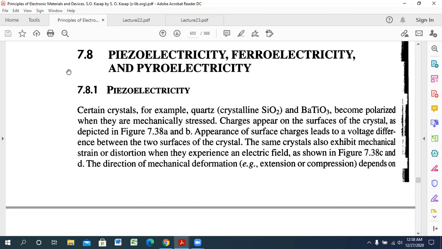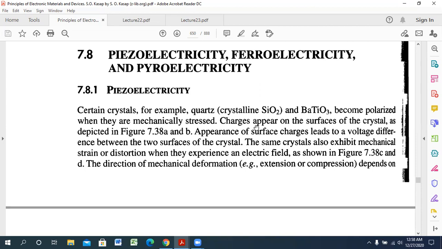Okay. So look, certain crystals. There are a few types of crystal, for example, quartz. That one is crystalline silicon oxide. They become polarized when they are mechanically stressed. That means whenever we apply some mechanical pressure, then that one will sometimes be squeezed, which means there will be some deformations.